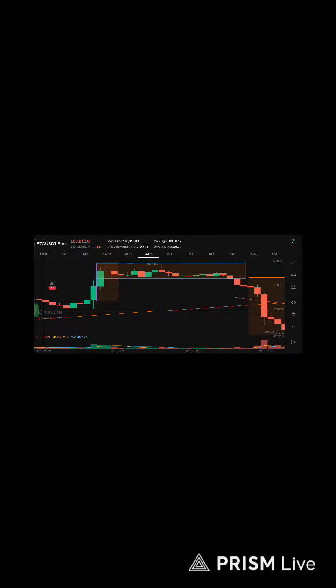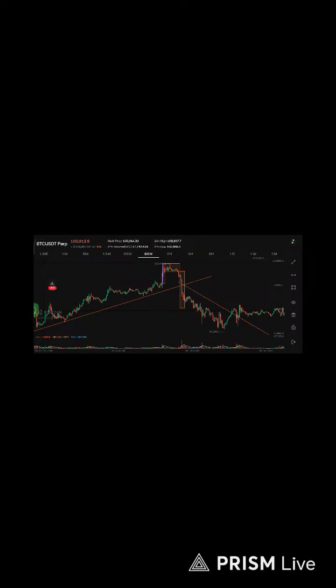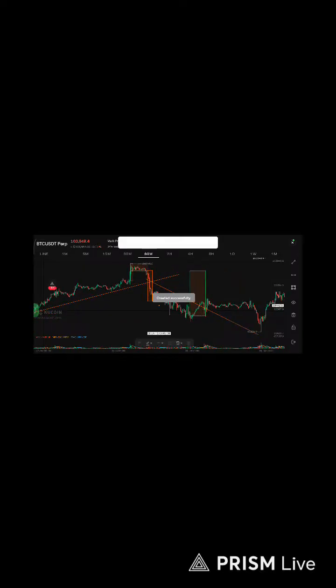Now for you to enter a short position from here, this is it. We come up here, then we set our stop loss slightly above, right?